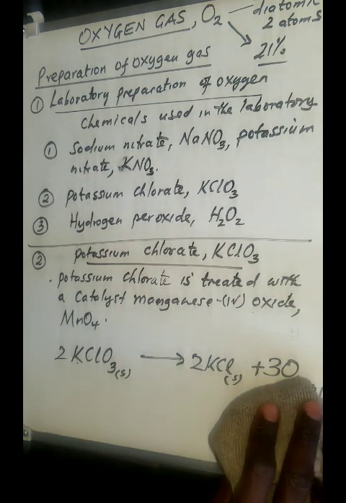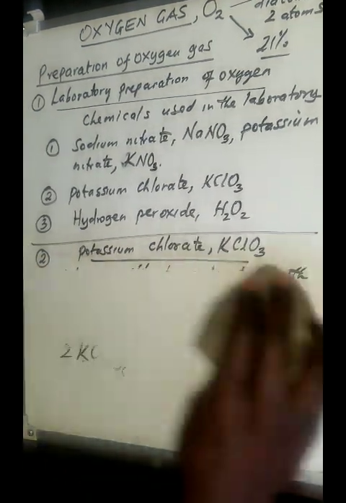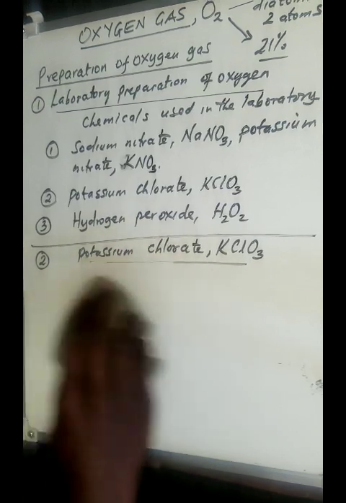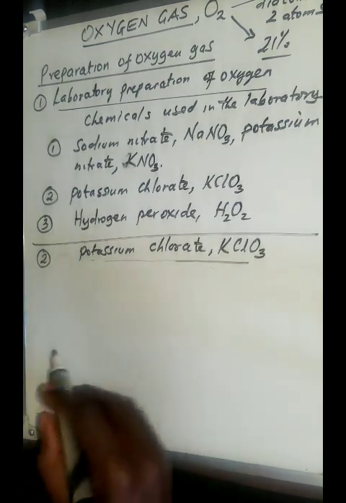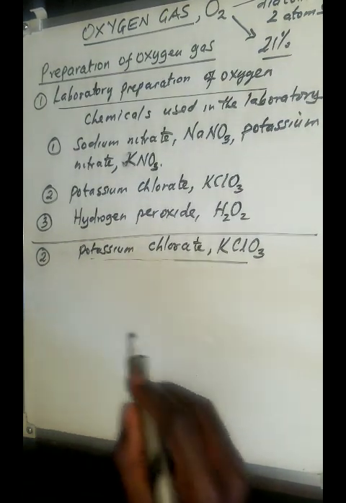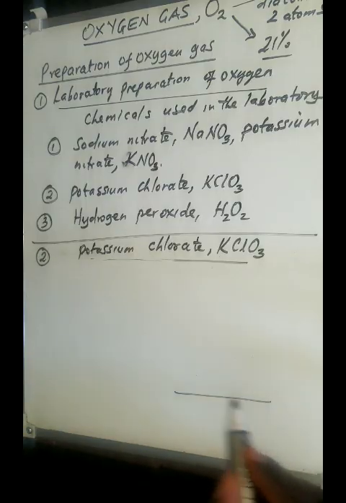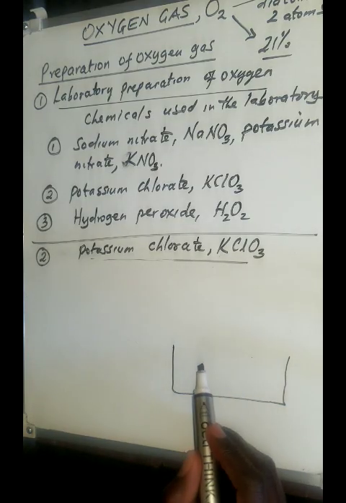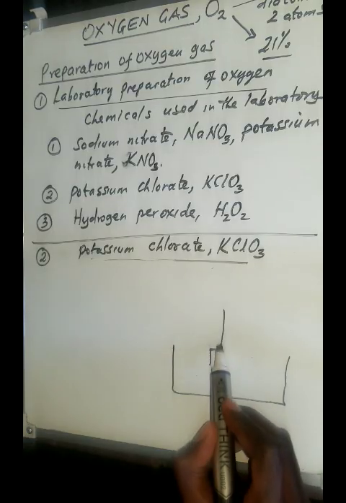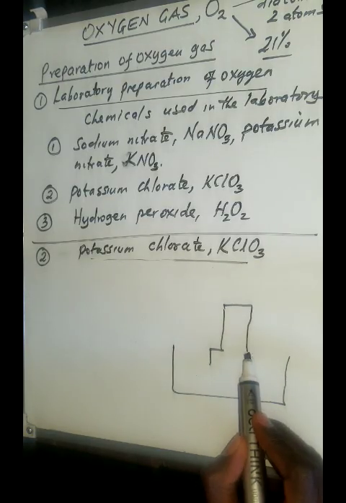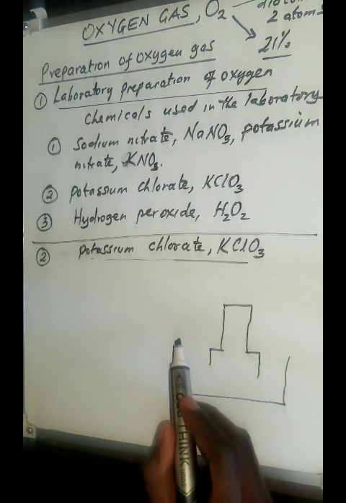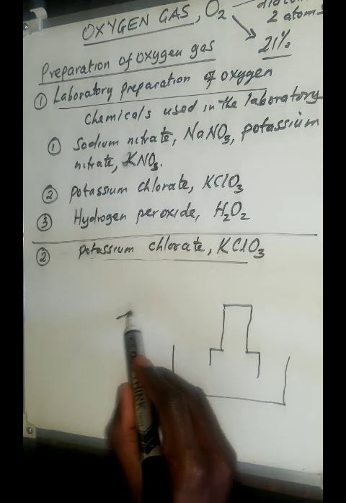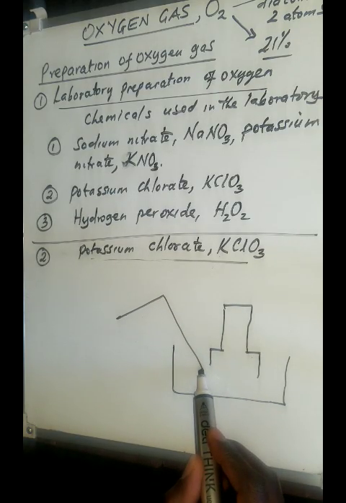Now in the exam, most often you are going to find the apparatus that we can use when we are preparing oxygen. So what we can simply do, we can have our trough, our gas jar as well. Let me just try to put up an arrangement there. I'm sure you still remember when I talked about preparation of gases.